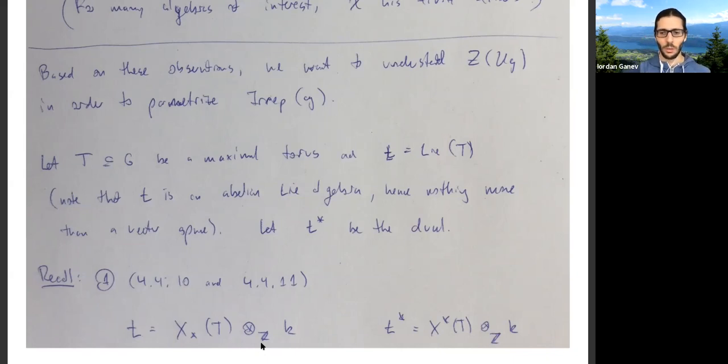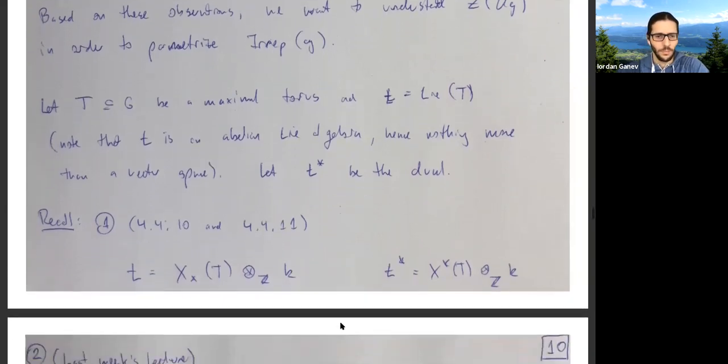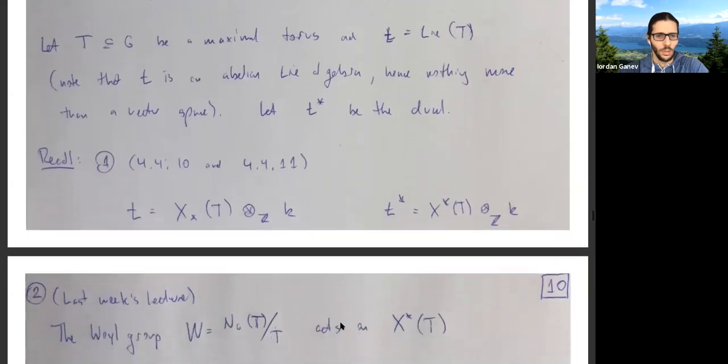On the dual side, if we take the characters of T and extend scalars to K, then we get a canonical isomorphism with the dual of the Lie algebra. These isomorphisms are canonical, so you can go back and check these things in the examples and exercises. That's one thing I wanted to recall.